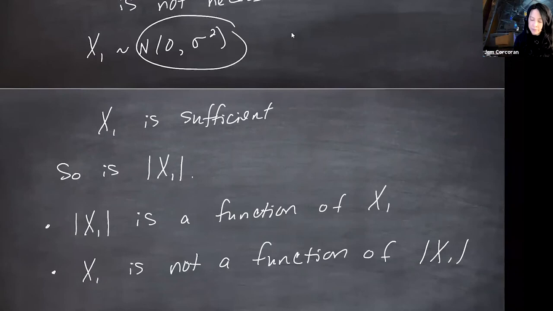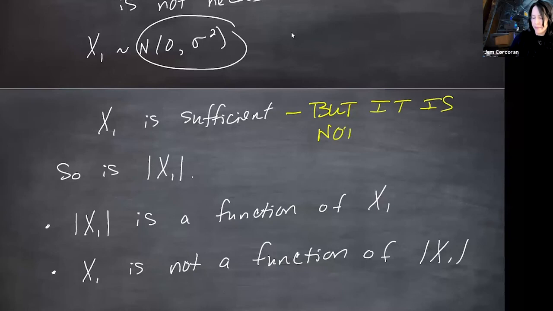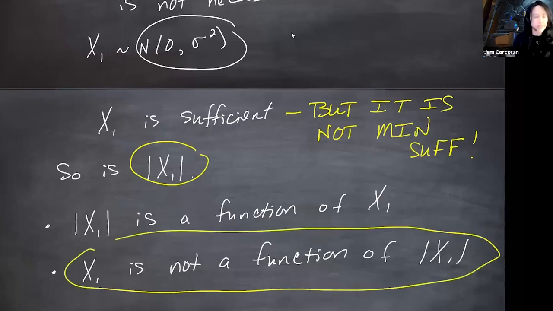You need to know the sign. So I want to finish this line up here: x1 is not minimal sufficient because this is also sufficient and x1 is not a function of it.